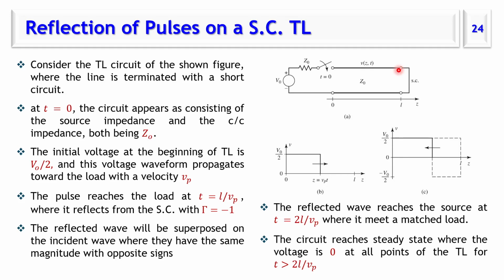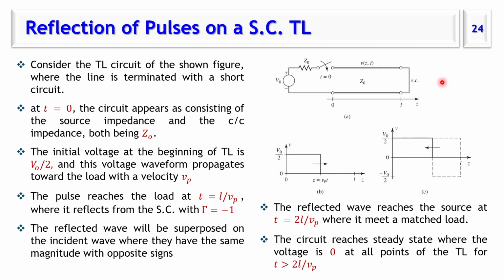So at this moment, the potential here starts to be 0. And with the propagation of the reflected wave, it keeps getting 0, 0, 0, 0, till we reach this point, which takes us 2L over VB. When we reach it here, all the line will return back to 0. So at time equals 0, V naught over 2 starts to propagate.